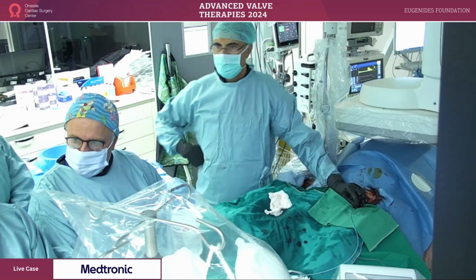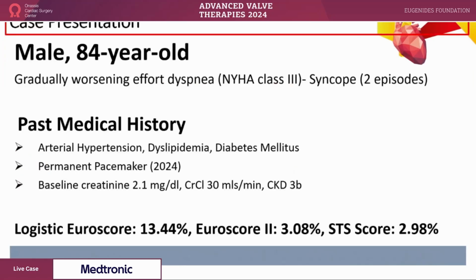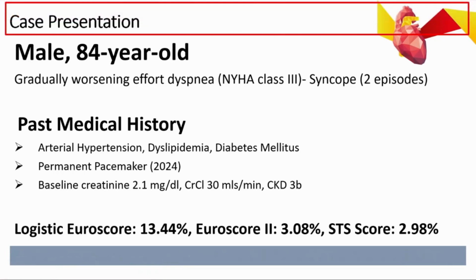Good afternoon from me. We're going to see a minimalistic approach of TAVR procedure. The case presentation is about a male, 84-year-old with gradual worsening effort dyspnea and 2 episodes of syncope, arterial hypertension, dyslipidemia, and diabetes mellitus with implantation of permanent pacemaker and high value of creatinine.